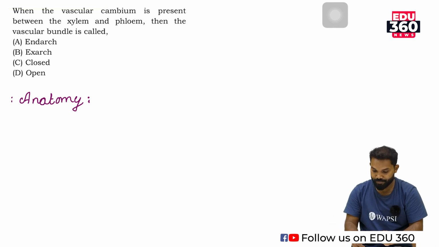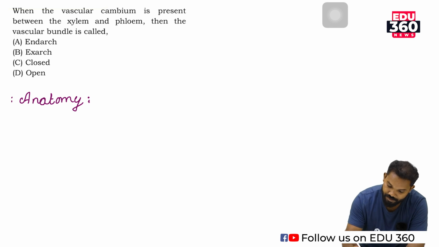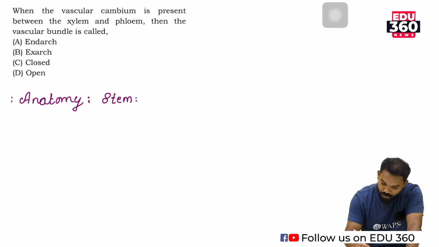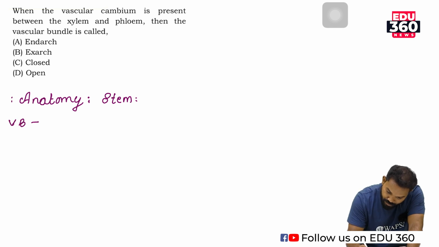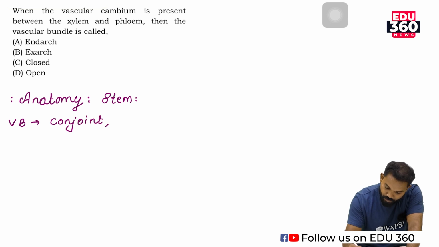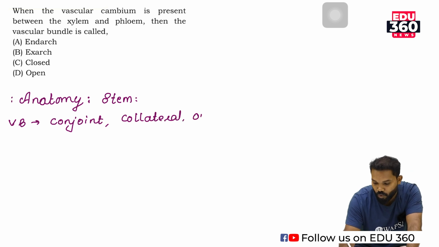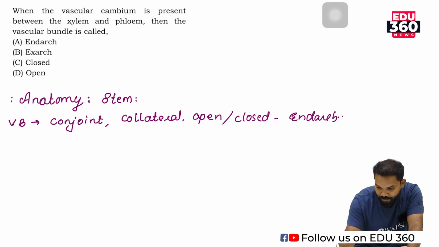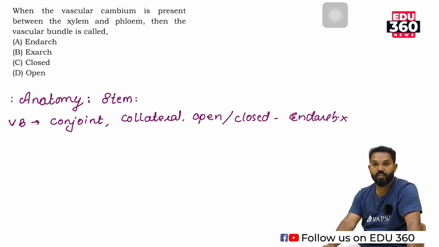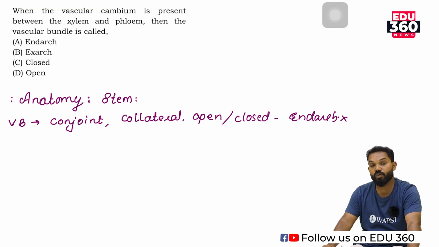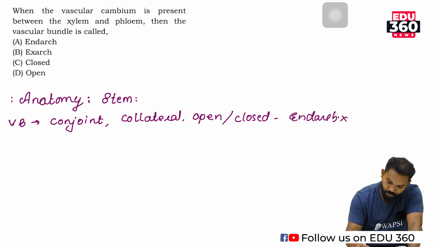In the case of stem, generally the vascular bundles are conjoined, collateral, open or closed with endarch xylem.